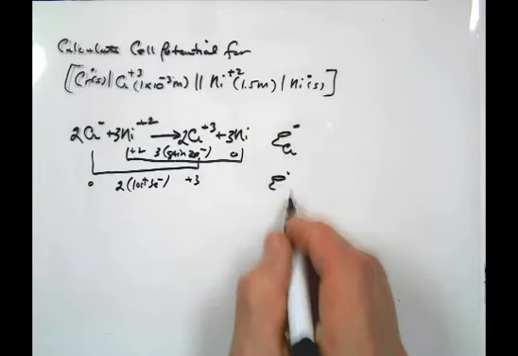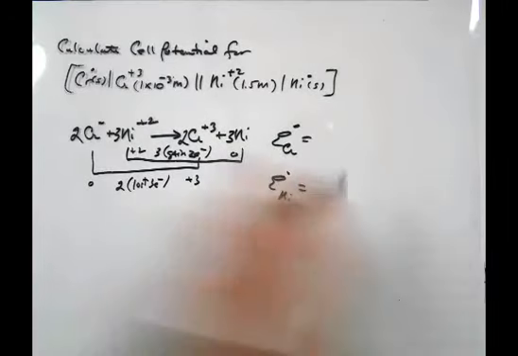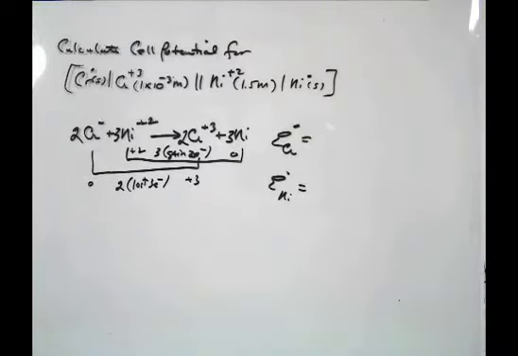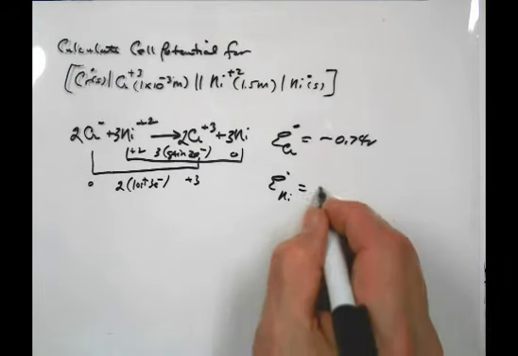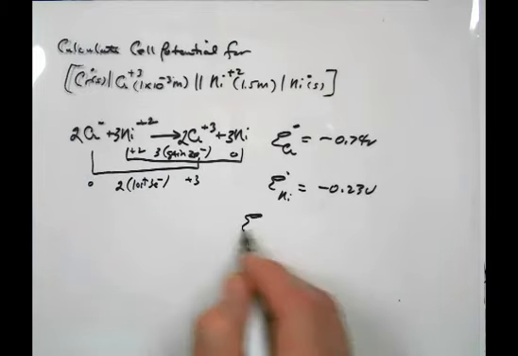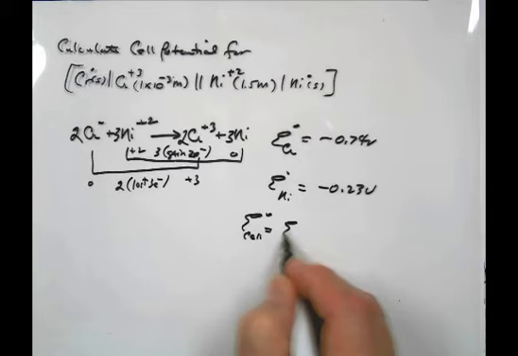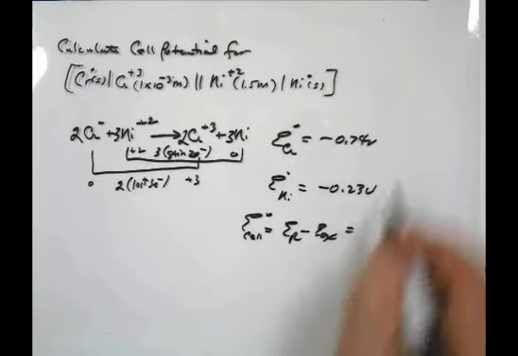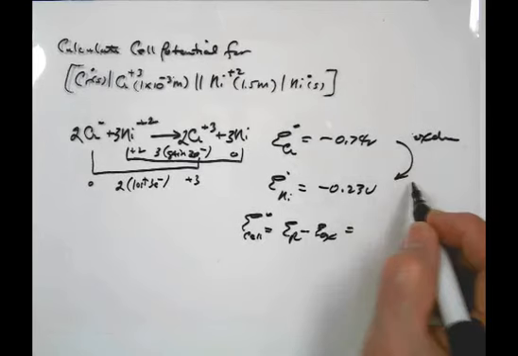Then we can look up E0 for chrome and E0 for nickel from our reduction potential table. So chrome will be above, there it is, at minus 0.74, and nickel will be below that and has a minus 0.23 volts. Okay? And so your E0 cell is E reduction minus E oxidation. Well, this is the oxidation end, and this is the reduction end.